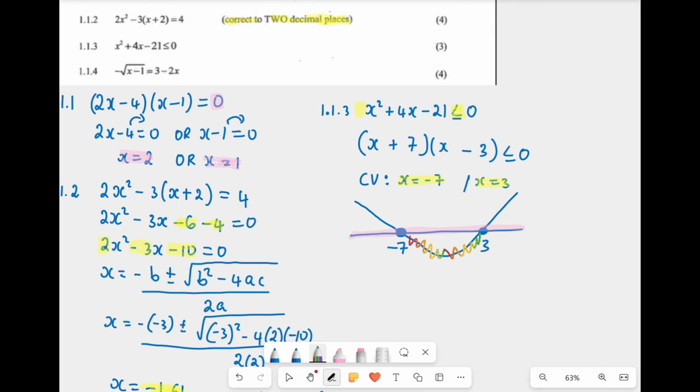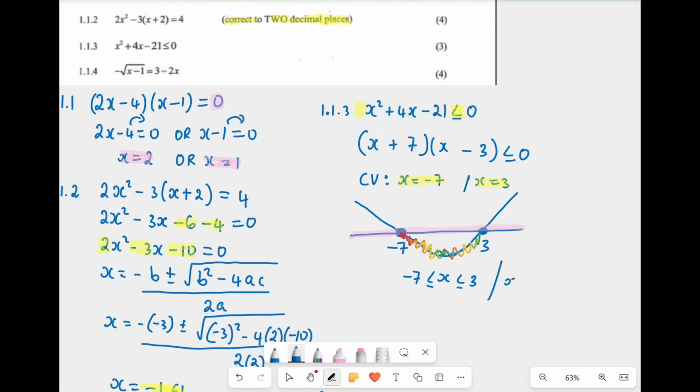I can see that I have highlighted from −7 to 3, so this is happening in between. The final answer here will be x, and it must be in between because I have highlighted in between. But because the inequality that is given also includes −7 and 3, your solution is from −7 to 3.